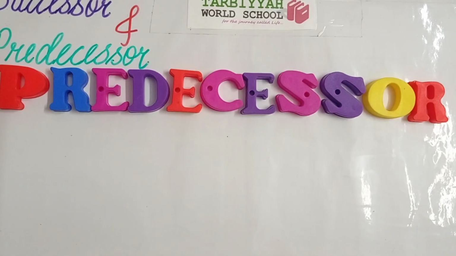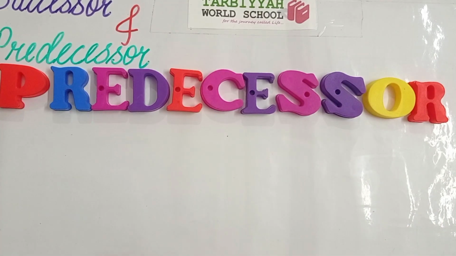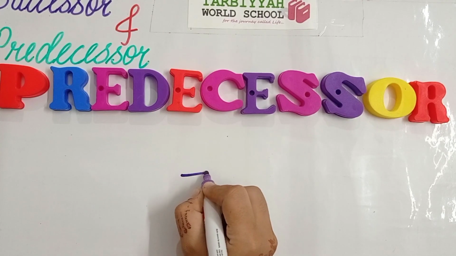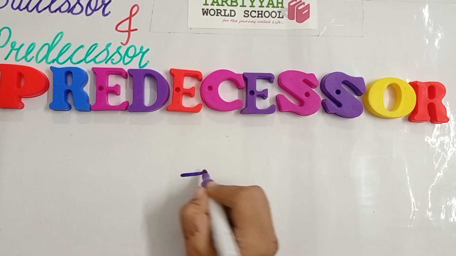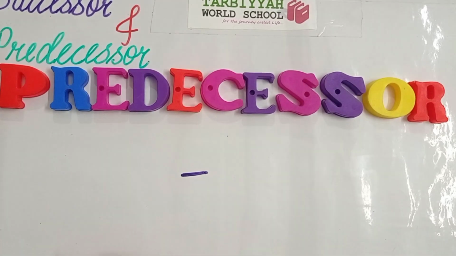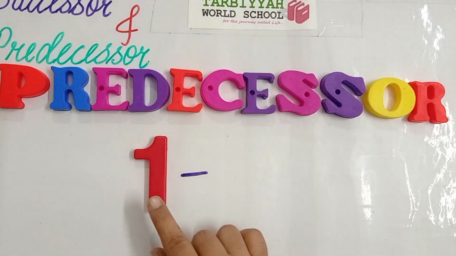The predecessor of a whole number is 1 less than the given number. So if the number is 1, the predecessor is just less than 1.